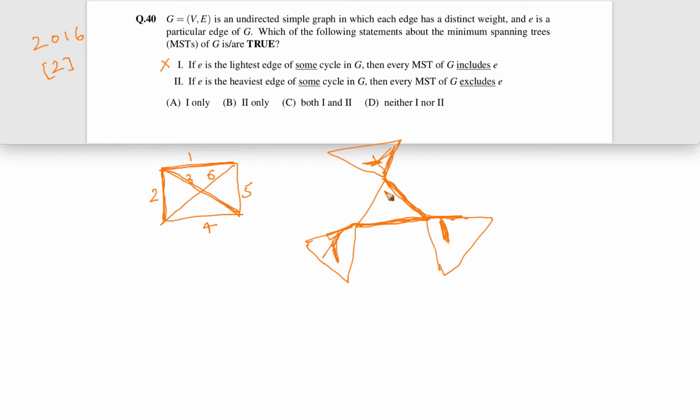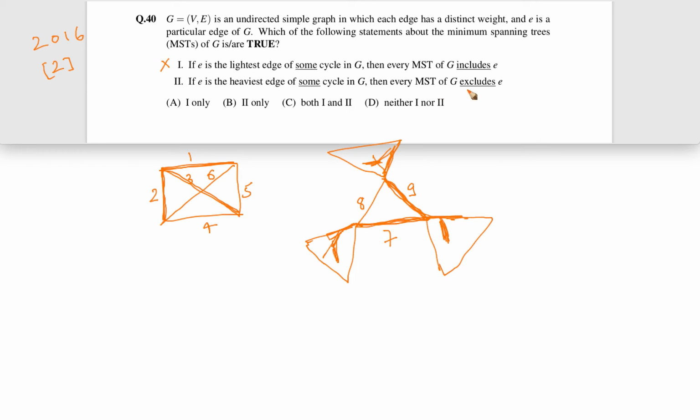So in this loop, we are focusing on this loop. In this loop, let's say the edges are 7, 8, 9. Let's say this is 7, this is 8, and this is 9. And I have chosen the edge weights in such a way that e is the heaviest edge in some cycle of G. So in this cycle, the heaviest edge is this 9.